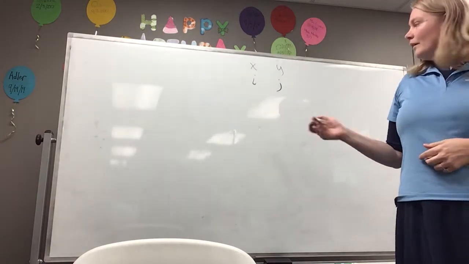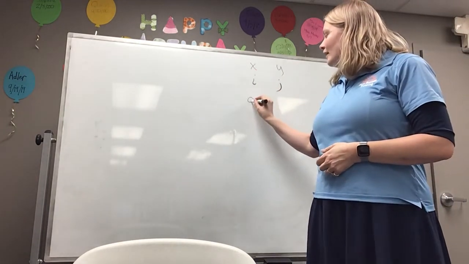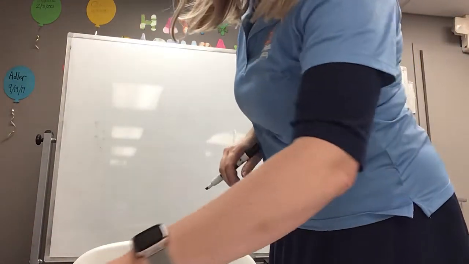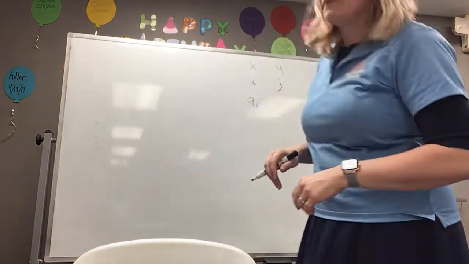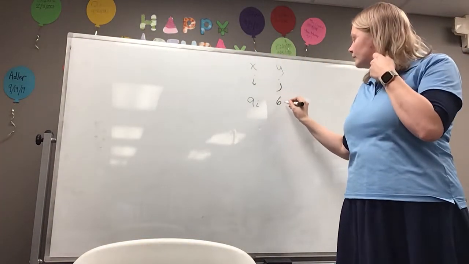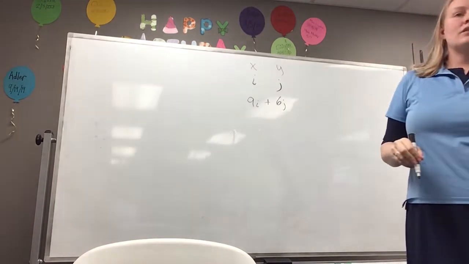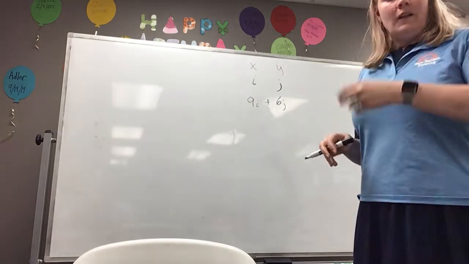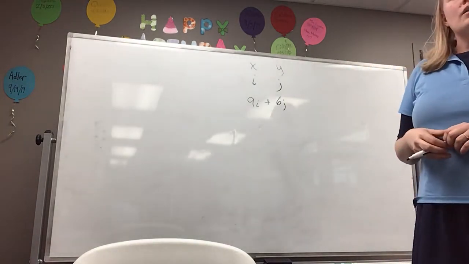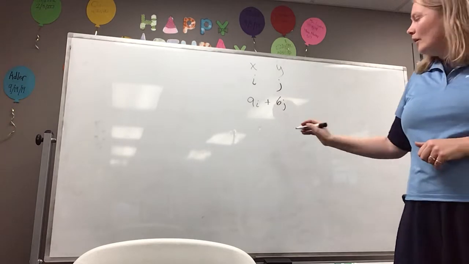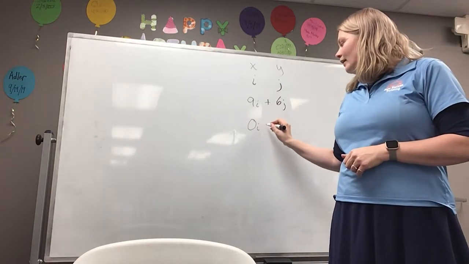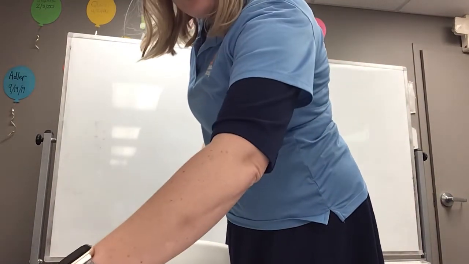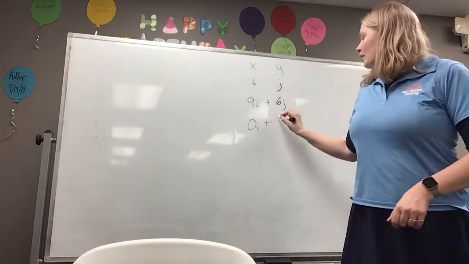Oh yeah. So our first vector has 9 over and 6 up? Yep. And so as a vector, this is 9i plus 6j. Our second vector, is it going over at all? No. And so that would be 0i. And our second vector vertical change is 5.